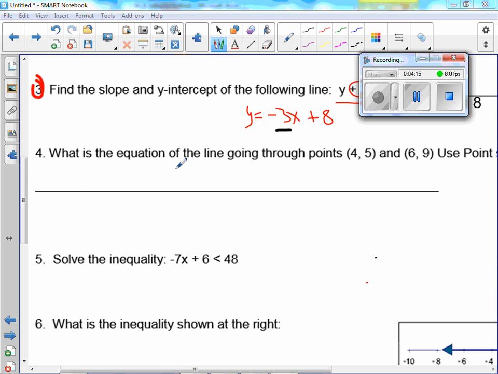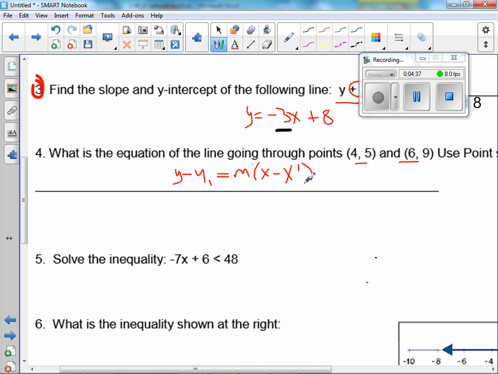Now it says, what is the equation of the line going through points 4 and 5? You can use the point slope method. And remember, point slope is y minus y1 equals the slope, which is the m, times x minus x1. So first of all, you got to determine what's the slope of these 2 points.